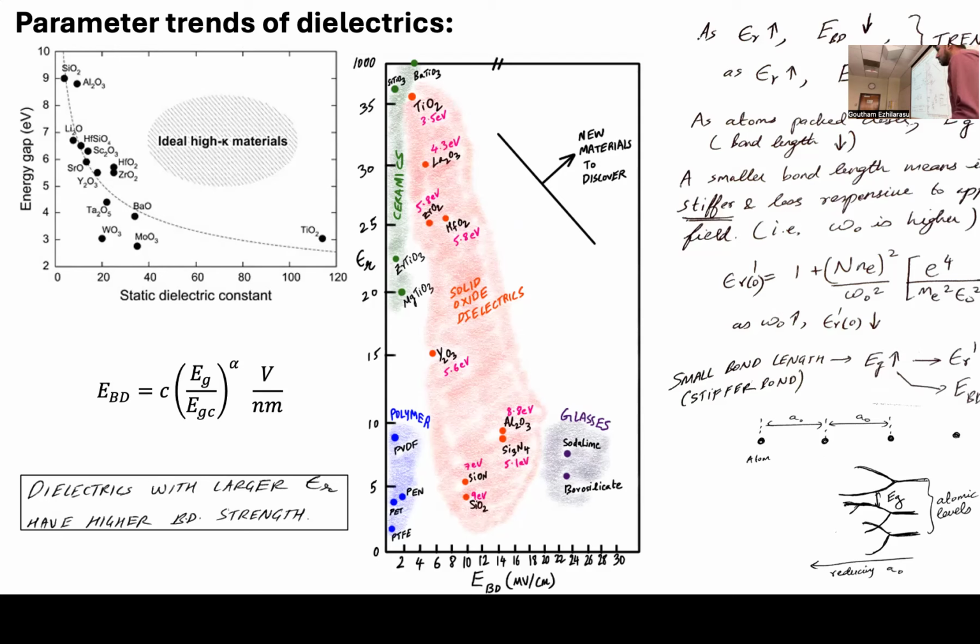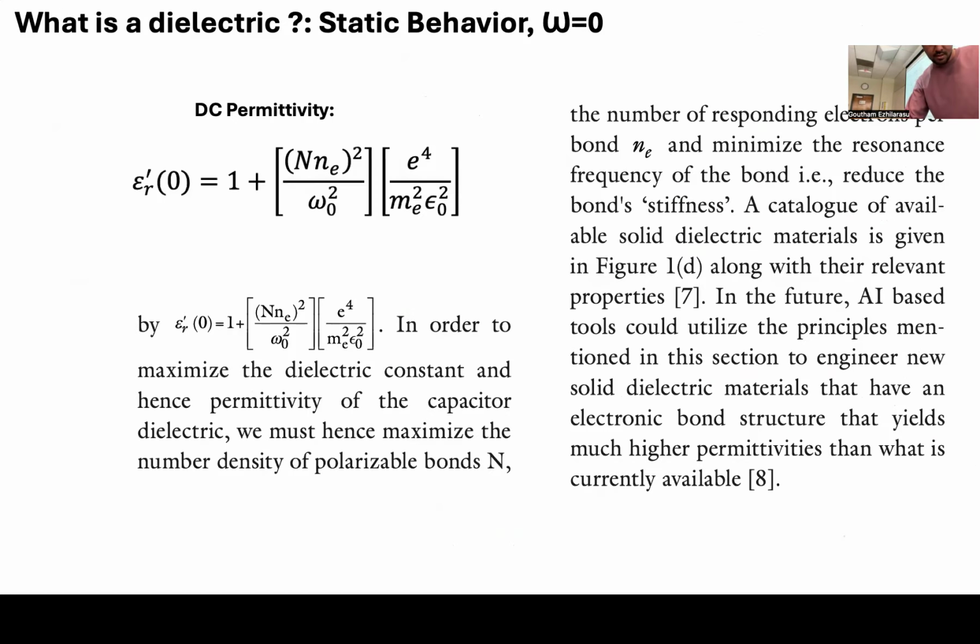Okay. So can anyone think of why that would be the case? Why is it the case that the higher the dielectric constant is, the smaller the band gap is, as well as the easier it is to break down? So you can understand it again from, yeah, let me write this down.